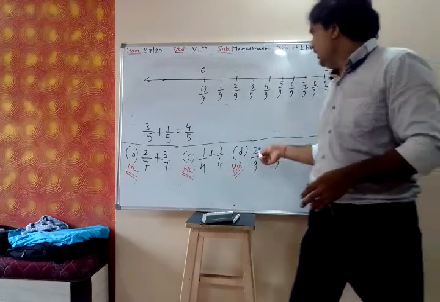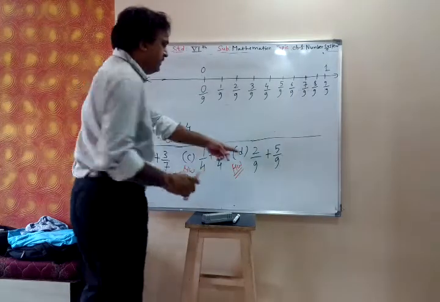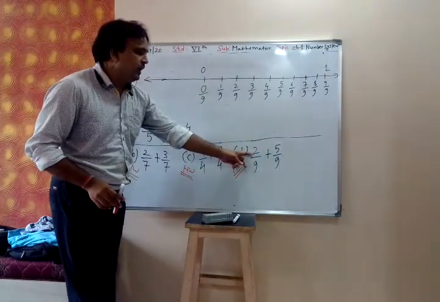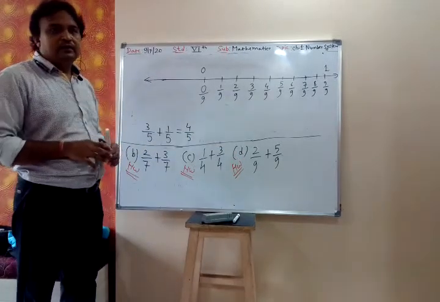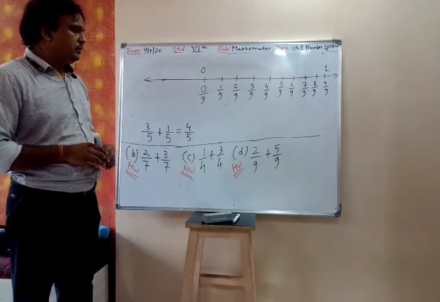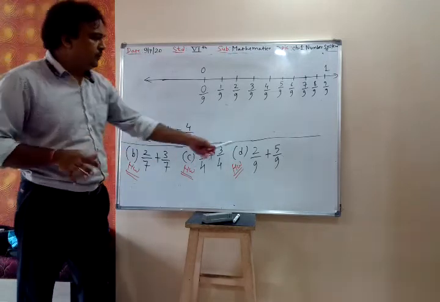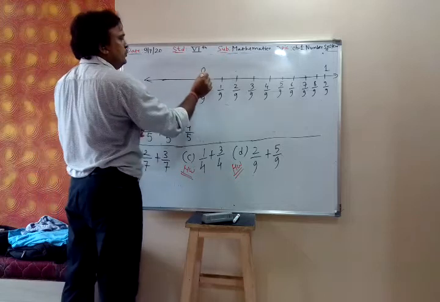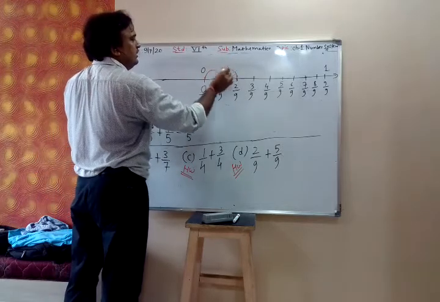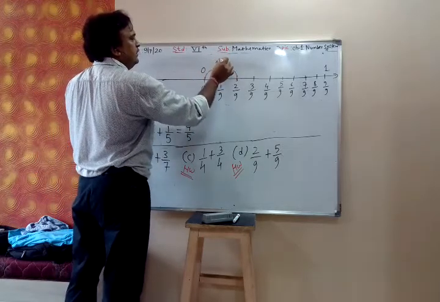So this is how you will represent 2 upon 9. To represent 2 upon 9, I will move 2 steps to the right of 0. So this is my first step.